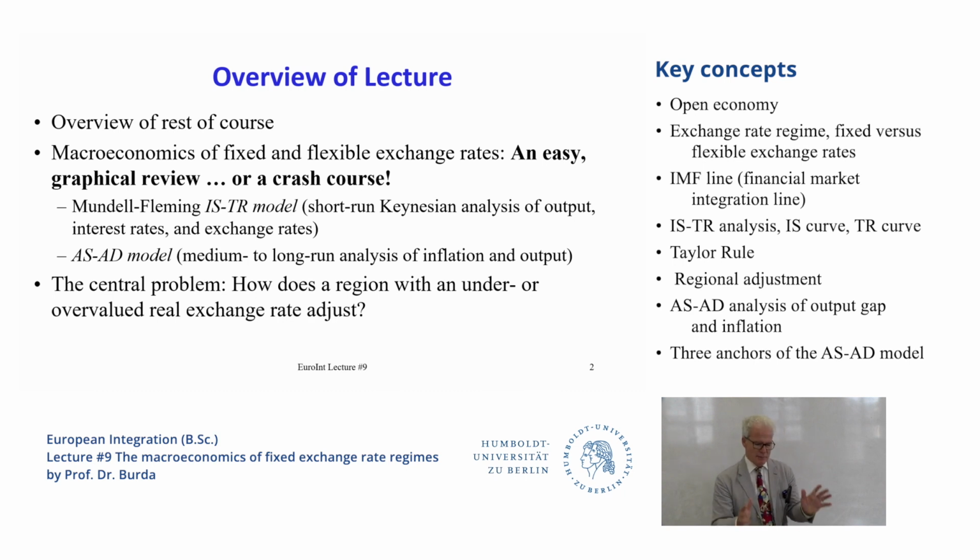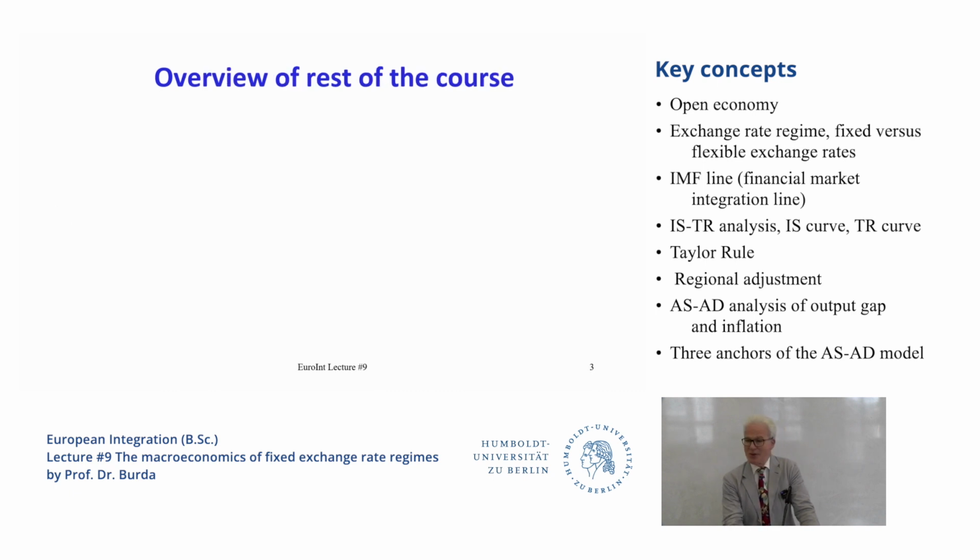And then this medium to long run, which we know depends on the behavior of the central bank and the central bank's target inflation rate or chosen growth rate of the money supply. Nowadays, central banks don't do the latter. They tend to set a target interest rate. So we'll call that the ASAD model. So those two models will be a crash course today. We'll do a crash course on macro in two 45-minute blocks.